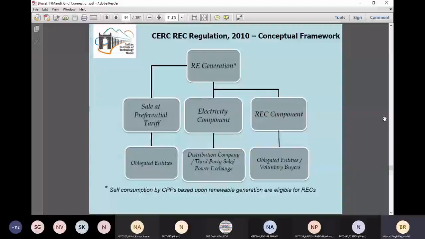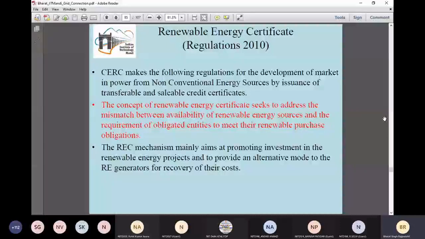So the renewable energy certificate regulations came in 2010, and the prime objective was to provide a certificate mechanism rather than actual consumption, actual generation of energy.